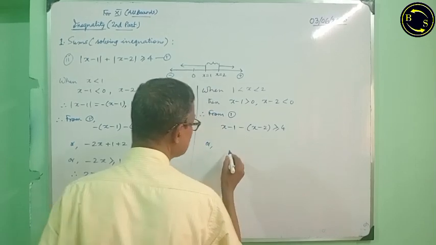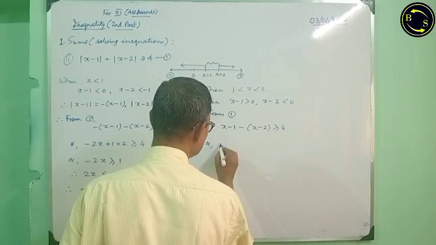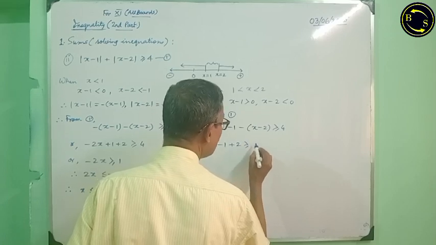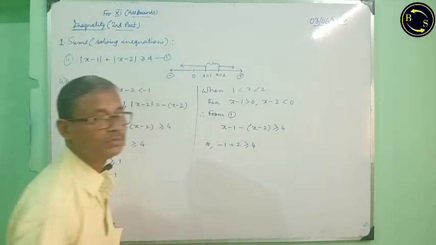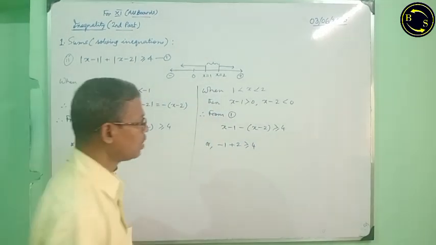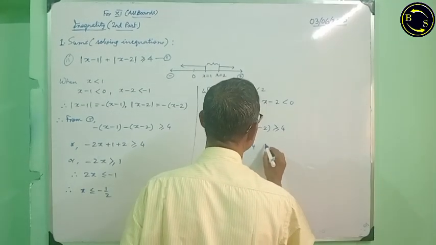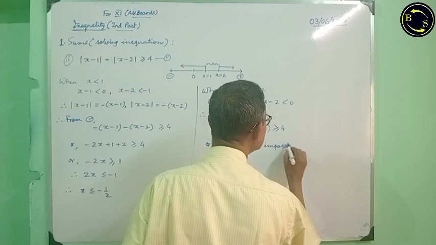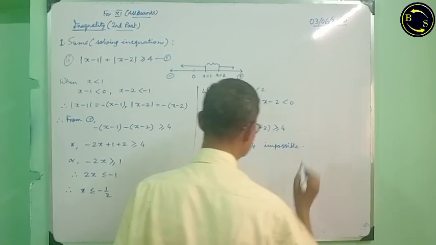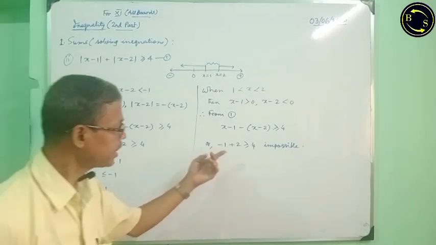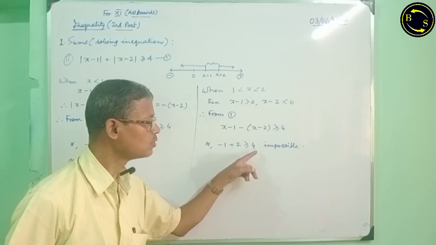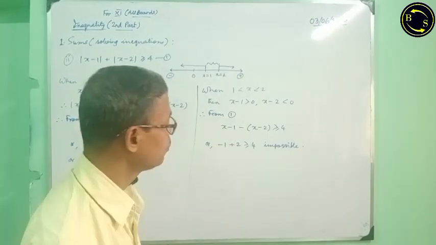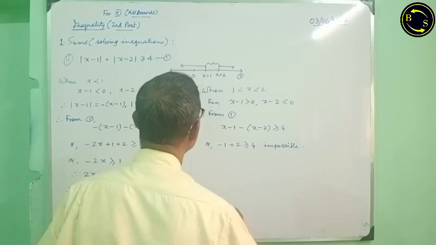Now x cancels, minus 1 plus 2 is 1. Left side 1, right side 4. 1 is never greater than 4, therefore this is impossible.